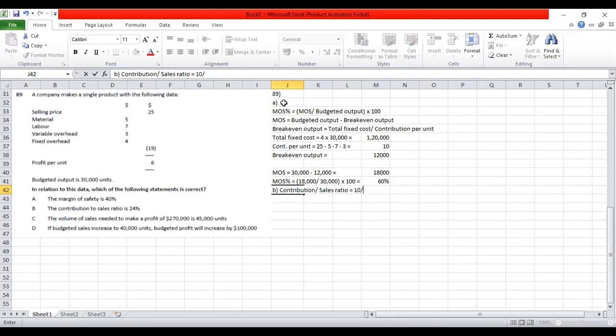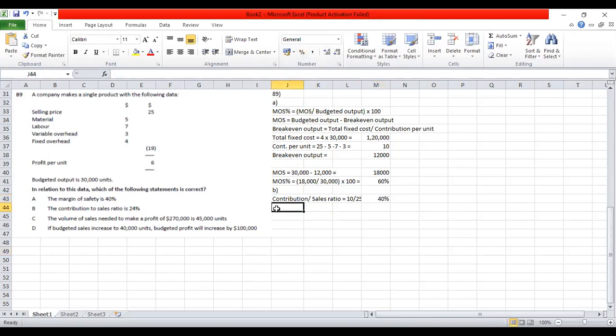So 10 divided by 25 is 40%, not 24%. So B is also not correct.